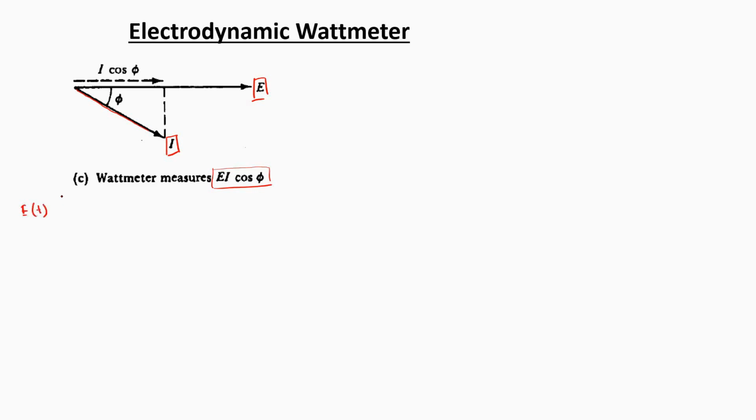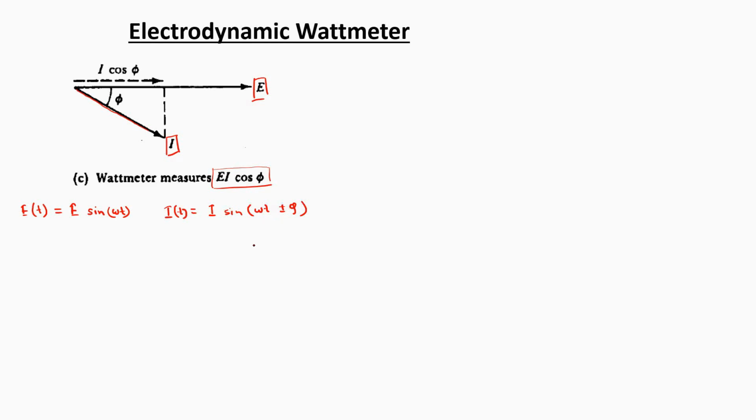Now let us consider that the voltage across the load is represented by a sinusoidal signal, considering time-varying quantities, and let's say the current through the load may be represented as I sin(omega t plus or minus phi). Depending upon the type of load, it could be plus phi or minus phi, so let us keep it general.